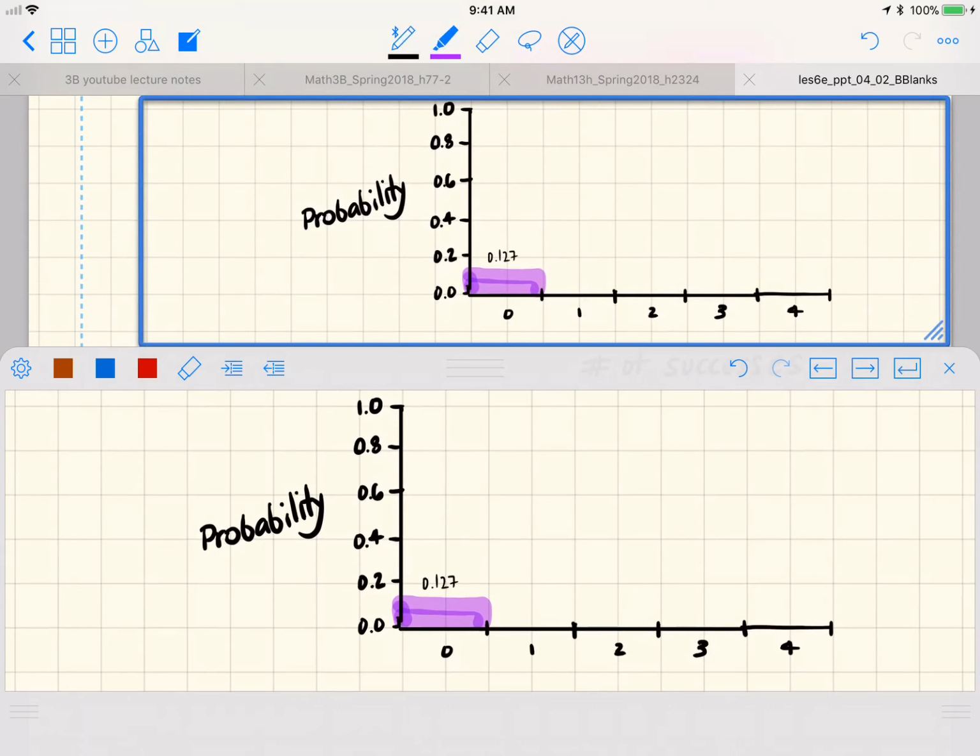And then the probability that X equals 1 is like 30. Okay, the probability X equals 2 is a little higher, 35. I know it's not accurate, but it's okay. And then we drop down to 16.